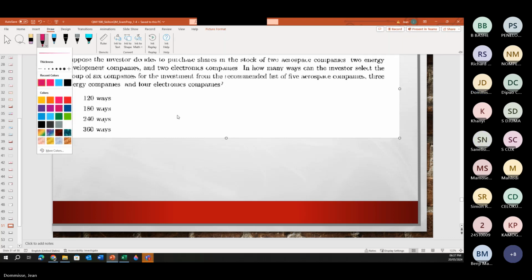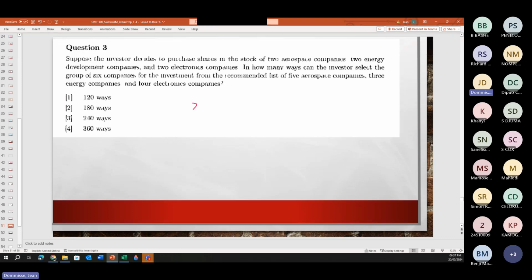Okay, so 2 of each: 2, 2, 2. In how many ways can the investor select the group of 6 companies from the recommended list of 5 aerospace companies, 3 energy, and 4? So now it is 5, 3, and 4.